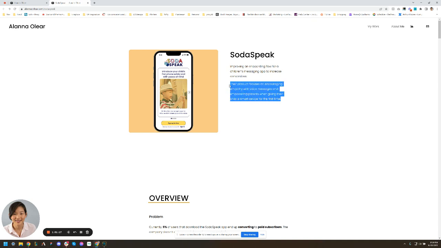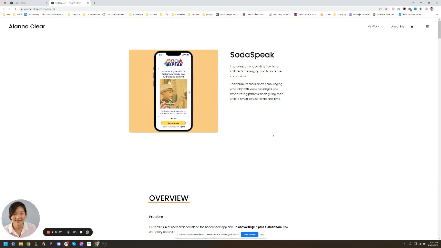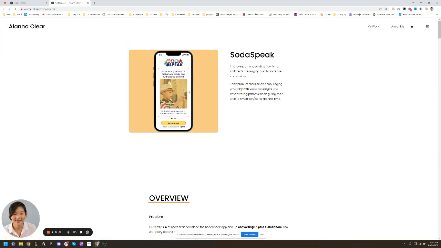Okay, so the purpose again was to give a sneak peek or context of what SodaSpeak is. If that's the case, then you don't need to say that it's encouraging empathy and voice messaging and empowering parents. Really, all you need is a what is it? I mean, it's not going to be proper English when I say it, but something along the lines of a children's messaging app that empowers parents.